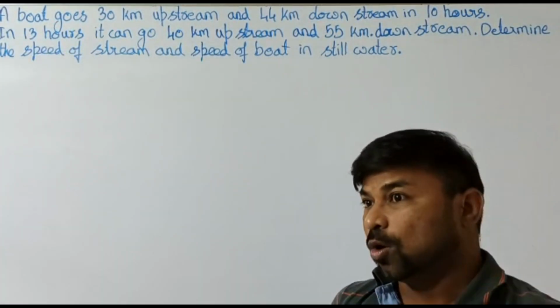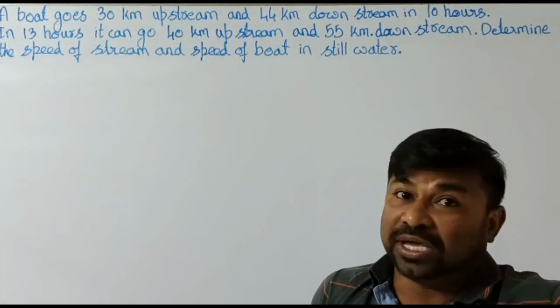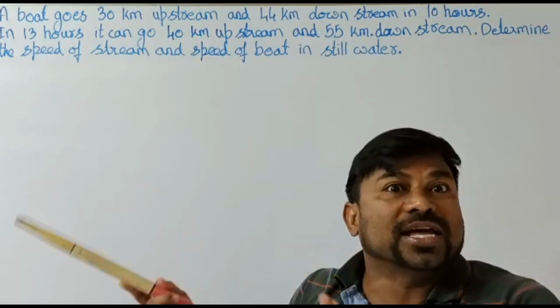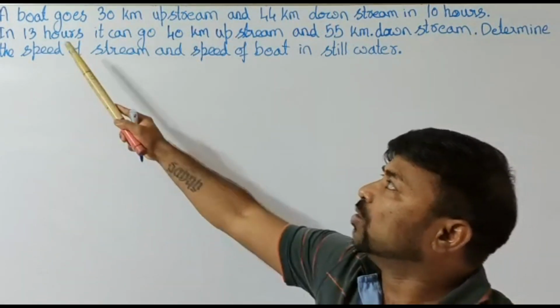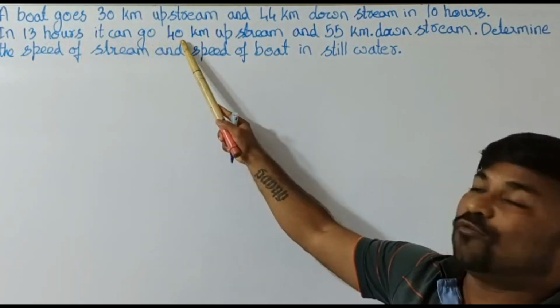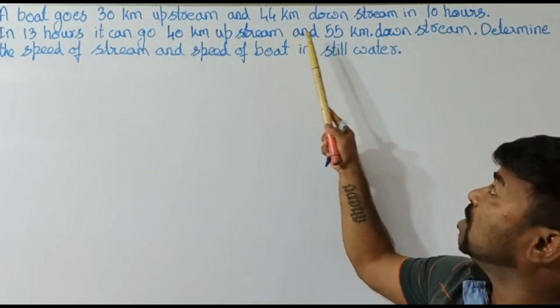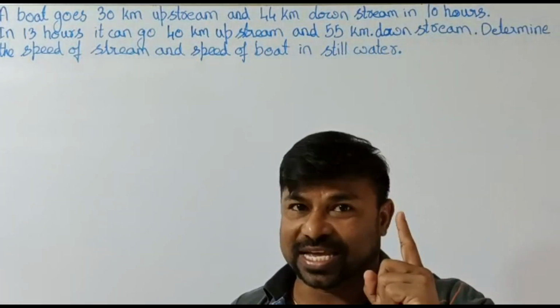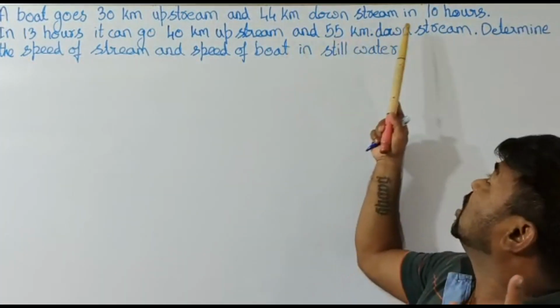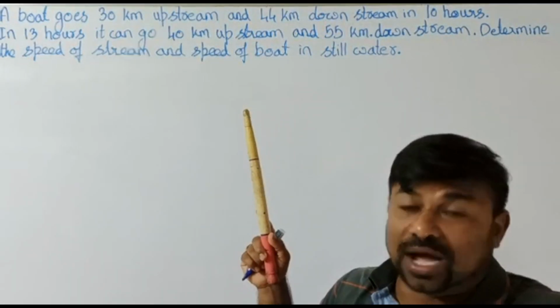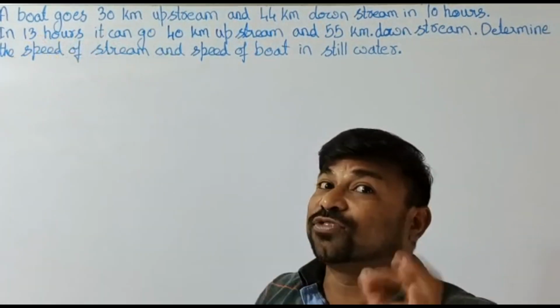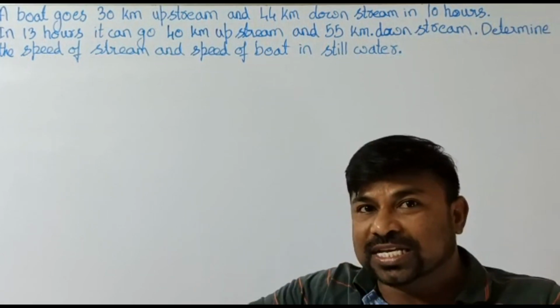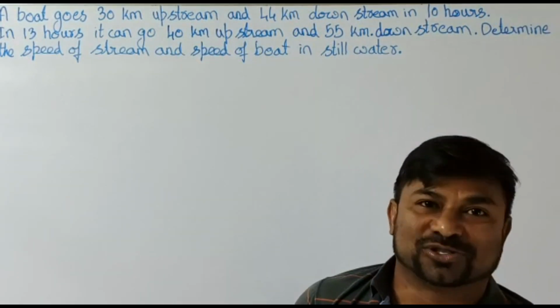One more journey, one more person, one more boat, or the same boat on another day, whatever it might be. In 13 hours, it can go 40 kilometers upstream and 55 kilometers downstream. So I have taken two cases. In the first case, the journey is of 10 hours. In the second case, the journey is of 13 hours. Both journeys consist of upstream and downstream.